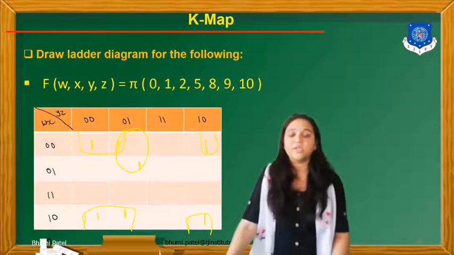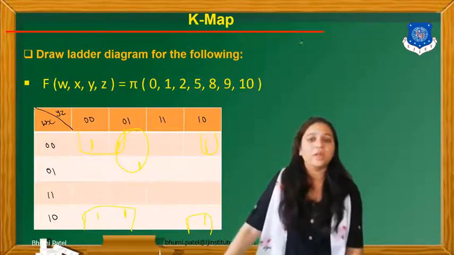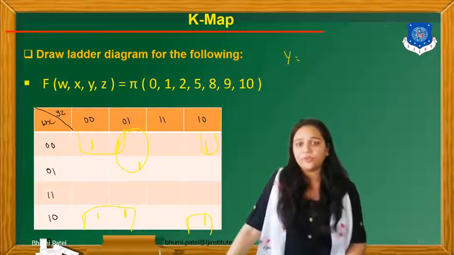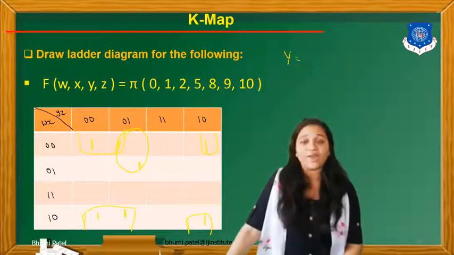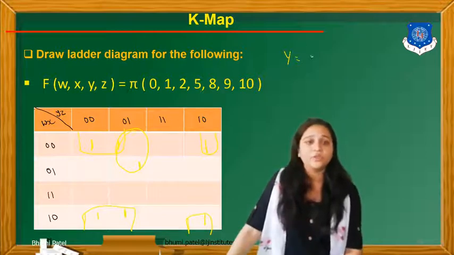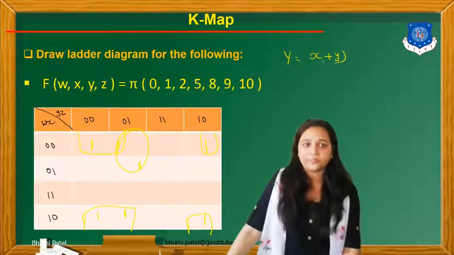Okay, so what is the equation for this particular K-map? So Y is equal to, first, the 4, 1. We can write the equation like this in two manners. What is common? 0 is common, 0 for y dash. And here x dash is common. So we can write here x plus y.